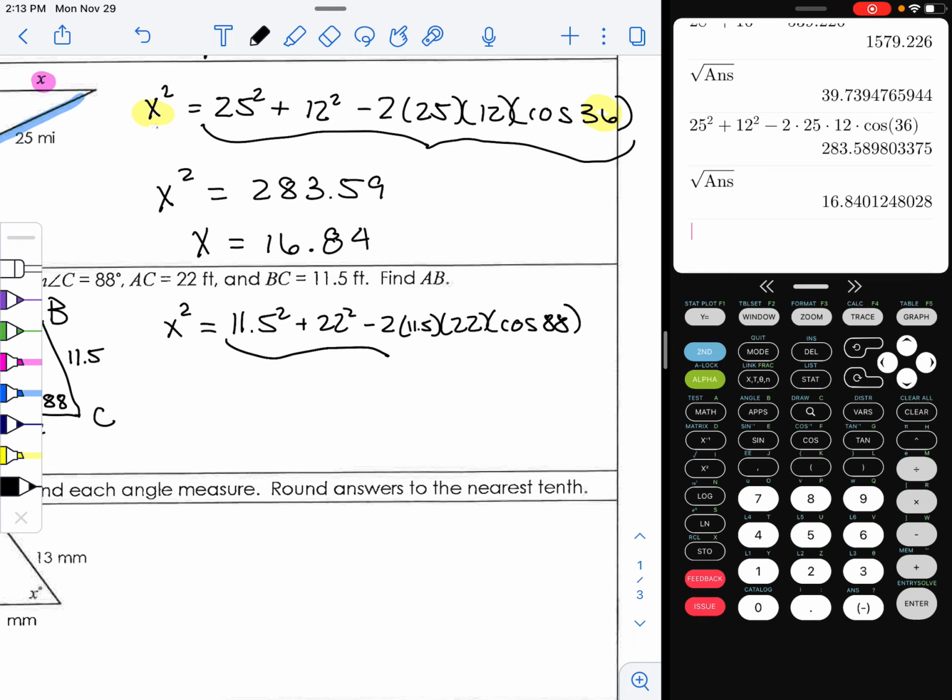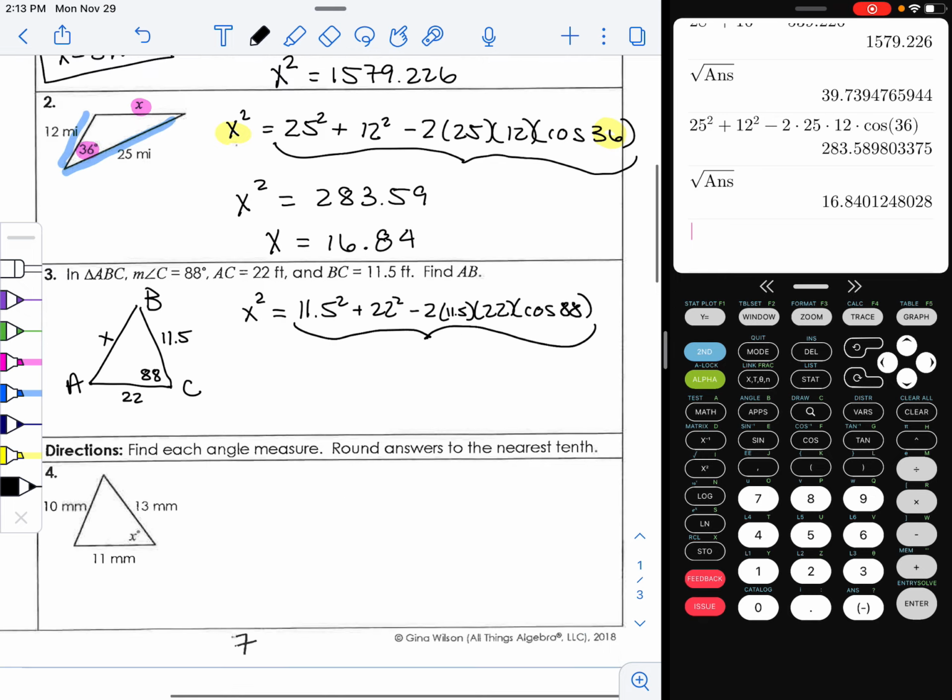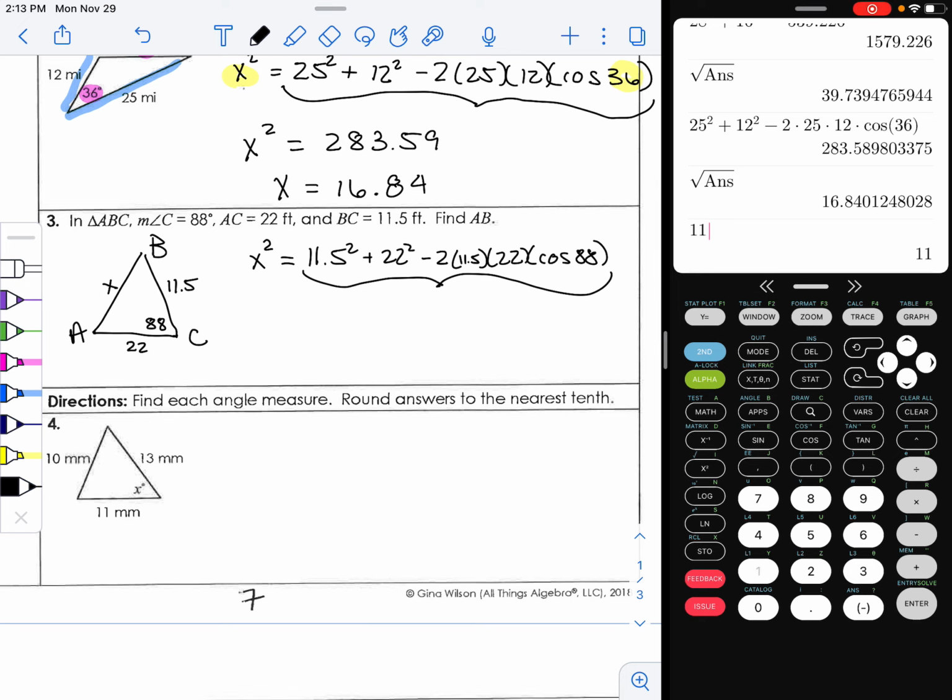Again, looking at this side, nothing is a variable over there. So you can watch my calculator. I can just type it in exactly the way that I see it: 11.5 squared plus 22 squared minus 2 times 11.5 times 22 times the cosine of 88.